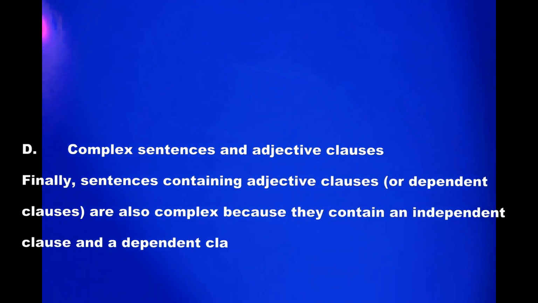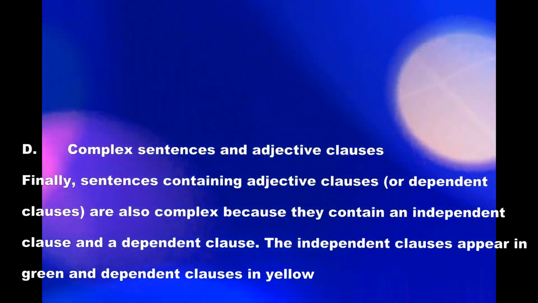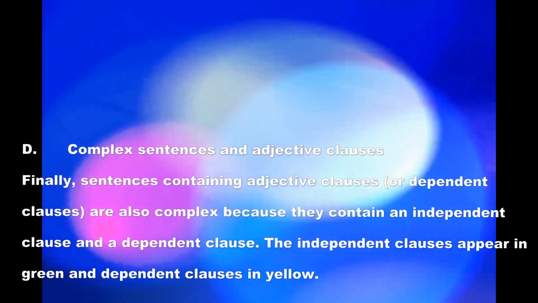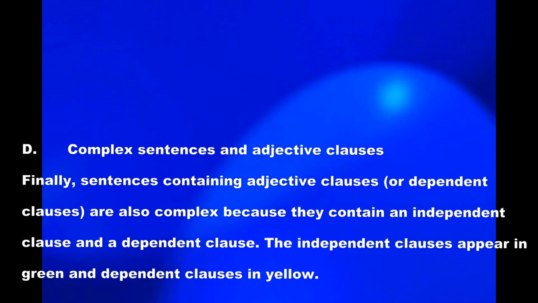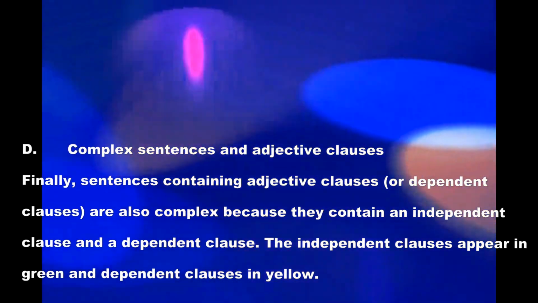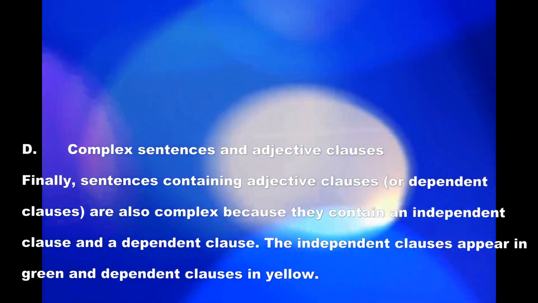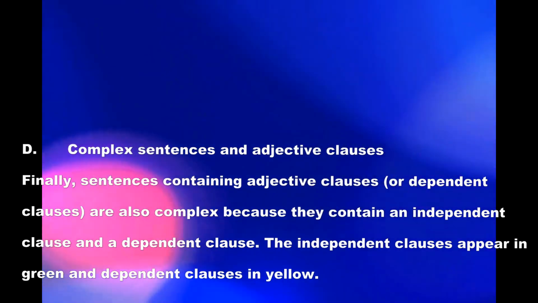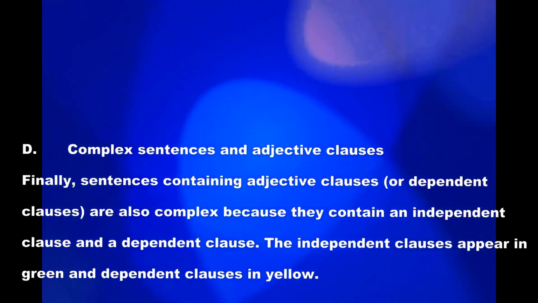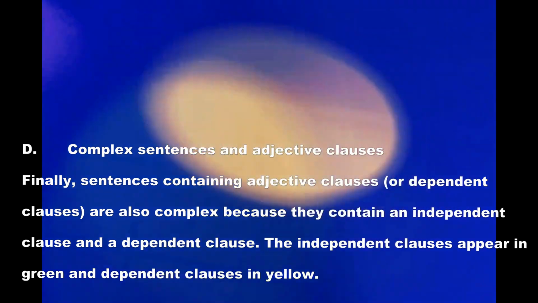Complex sentences and adjective clauses. Finally, sentences containing adjective clauses or dependent clauses are also complex because they contain an independent clause and a dependent clause, in which case the dependent clause is in the middle of an independent clause.